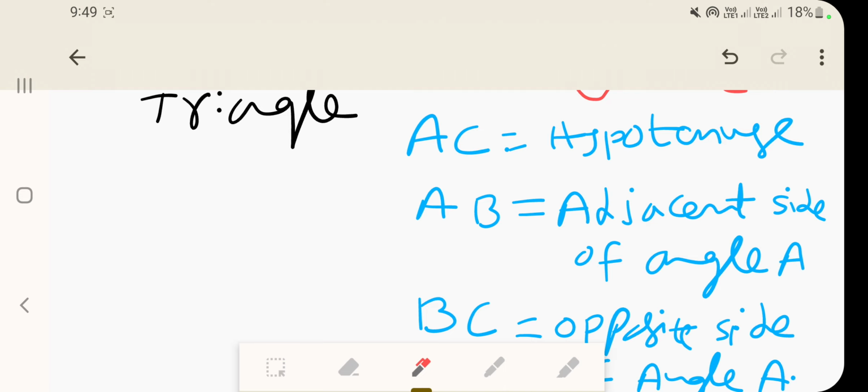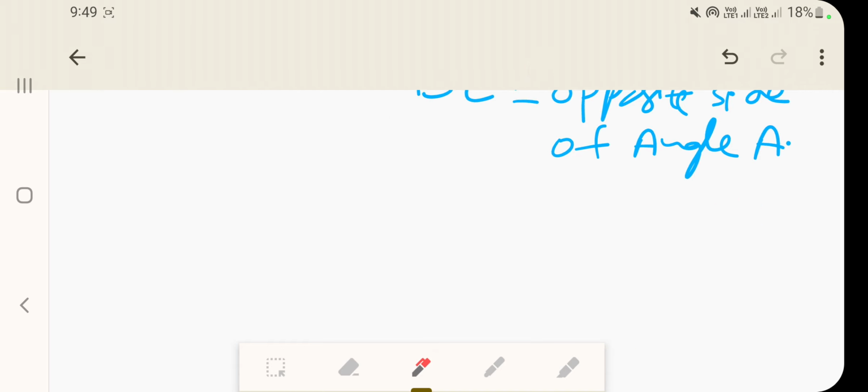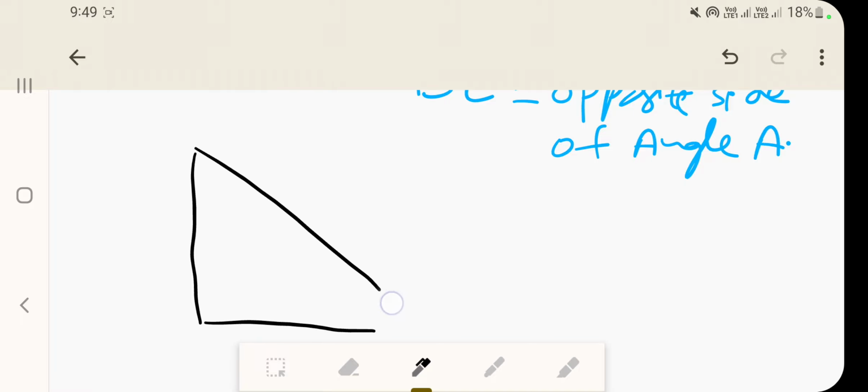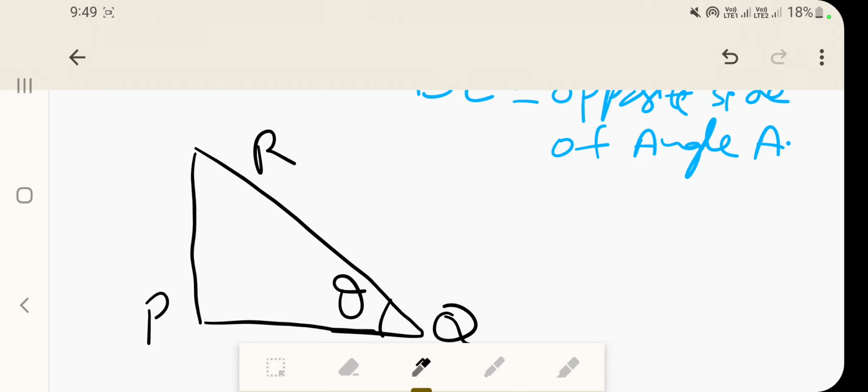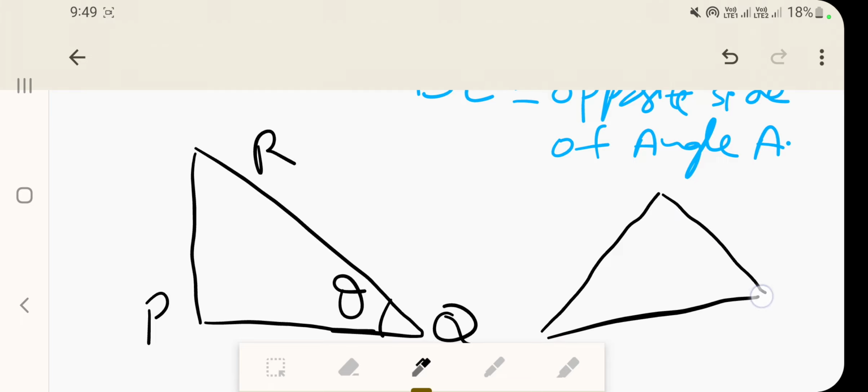Now we can have the right angle triangle which I have drawn earlier, or another way we can also draw the right angle: here we have the angle theta and we can give the names as PQR, or even draw the right angle in another way like this. Here we have 90 degrees, and in this PQR angle P is 90 degrees.